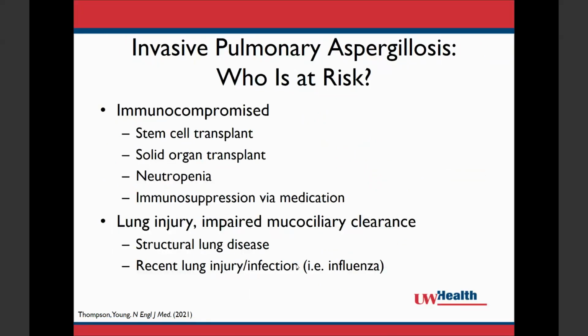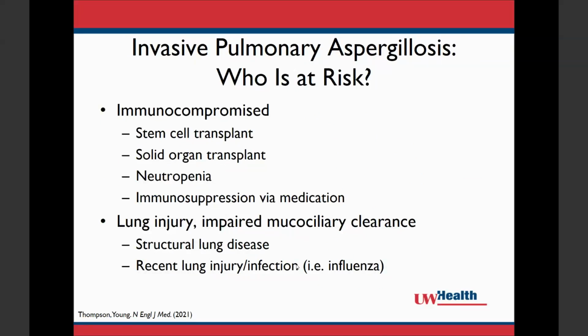So who is at risk of invasive pulmonary aspergillosis? It's not something that we see as commonly as regular community-acquired pneumonia. So there are special patient populations who are at higher risk of invasive pulmonary aspergillosis. And this is just regular aspergillosis, not necessarily COVID-related. So the immunocompromised patient population is the biggest.